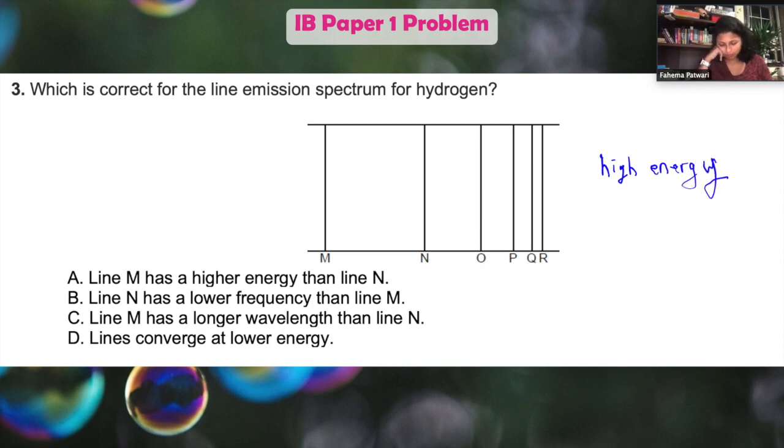So line M is not higher energy than N because line M is on this side. Line N has lower frequency than M. That's also not correct because if this has more energy, it has high frequency. Does line M have longer wavelength than N? Yes, because it has less energy, so it's longer wavelength. So the answer is C.